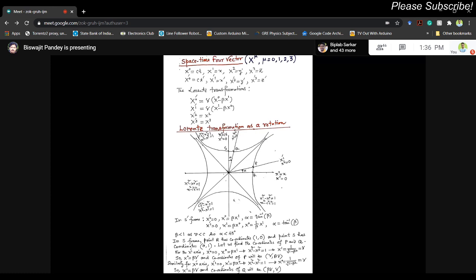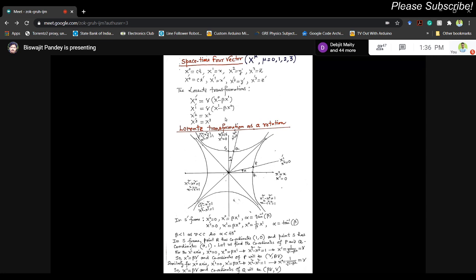It's not Euclidean, and we can denote the four components of the space-time four vector as x0, x1, x2, and x3. When we relate this space-time component between two inertial frames, the set of Lorentz transformation is shown here.